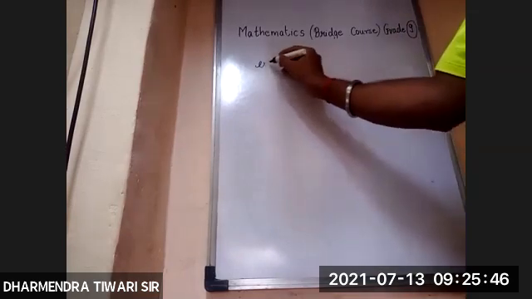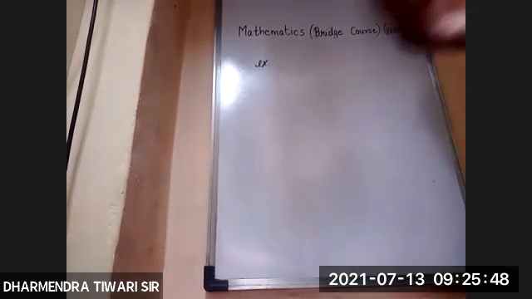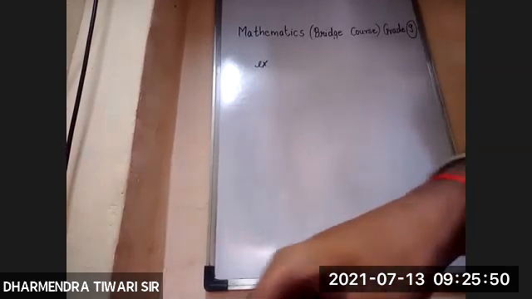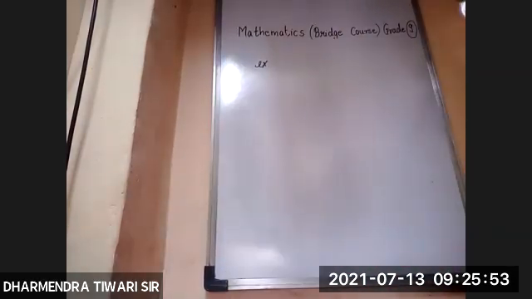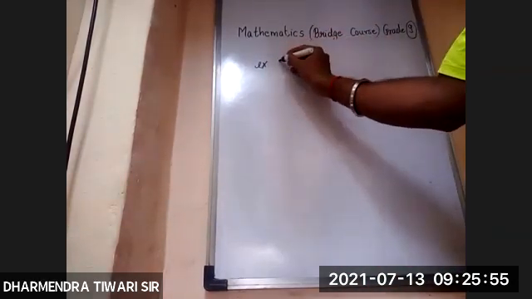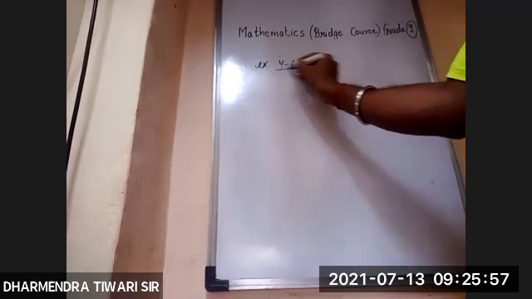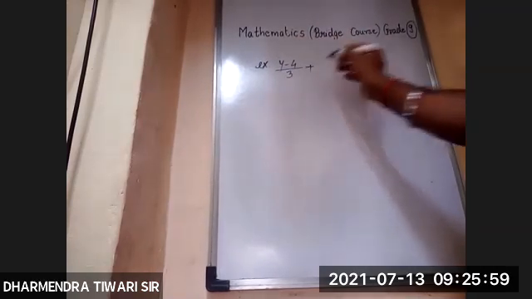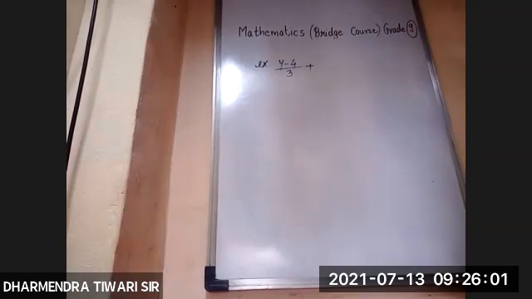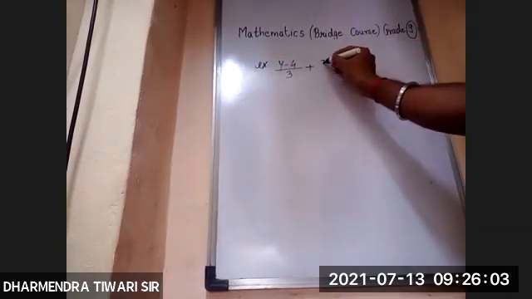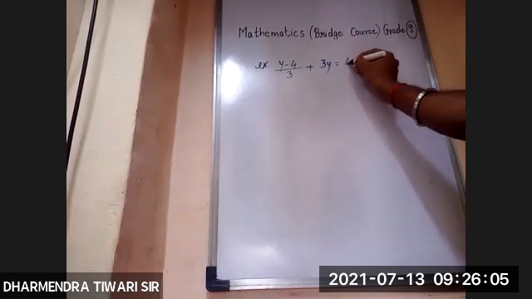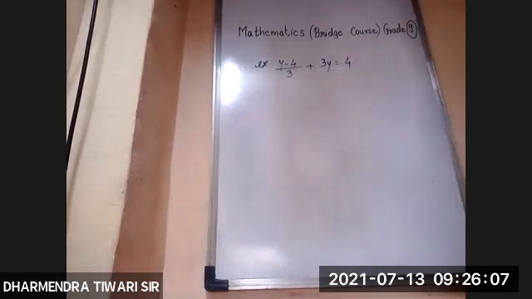y minus 4 divided by 3 plus 3y is equal to 4.